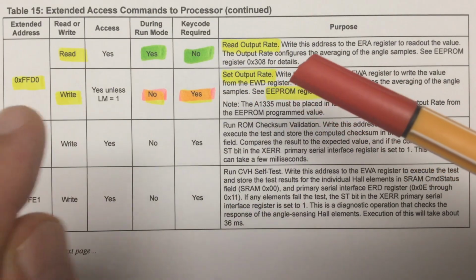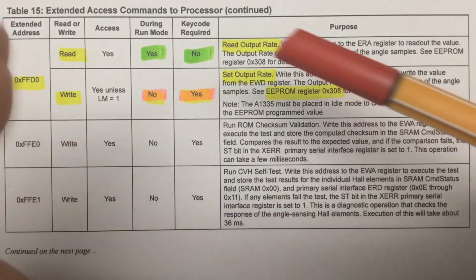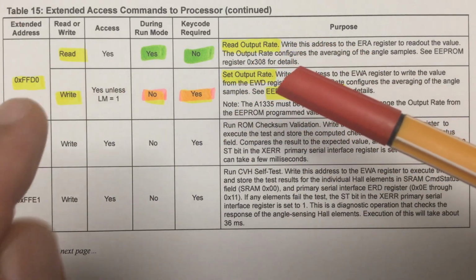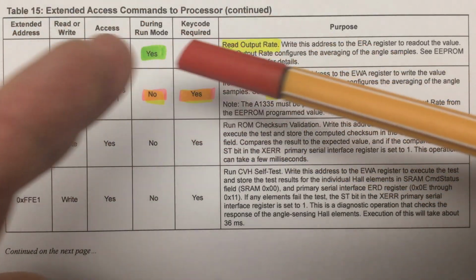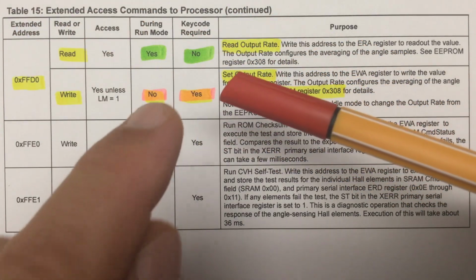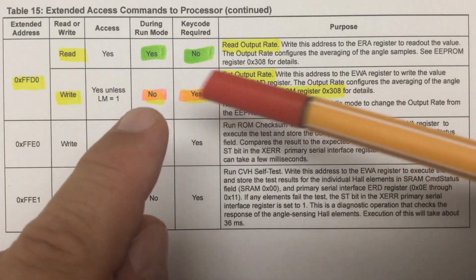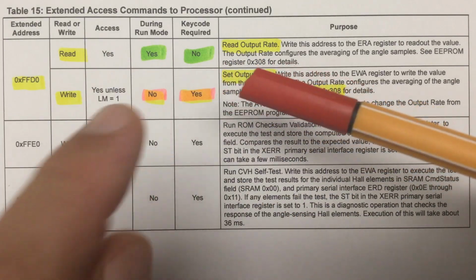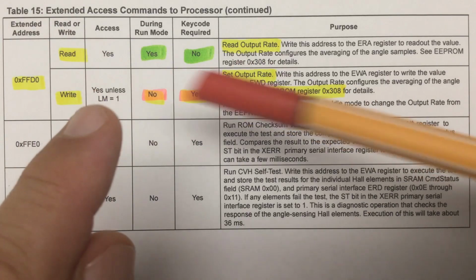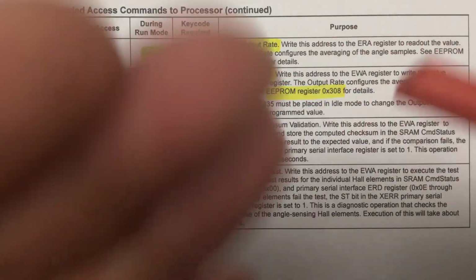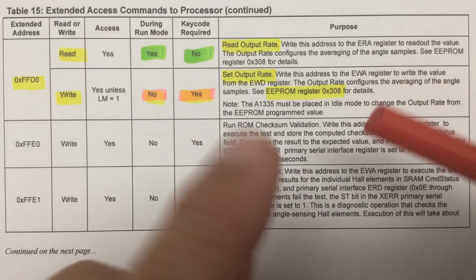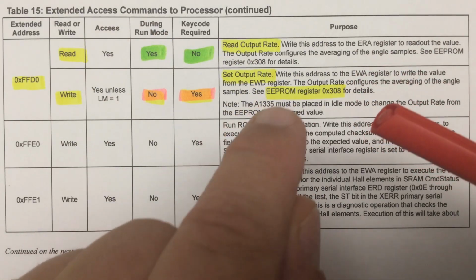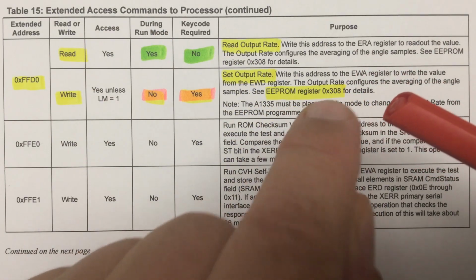However, writing the output rate via that extended command here is only available when the processor is in idle mode and if we have beforehand written the key code of the device to unlock it for that operation. More details about output rate is available under the EEPROM register address 308.